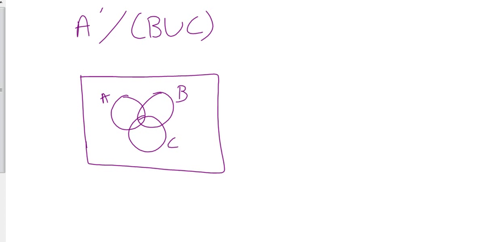So what do I want to start with? Brackets. Brackets, okay? So what am I shading? I'll do that in red, right?